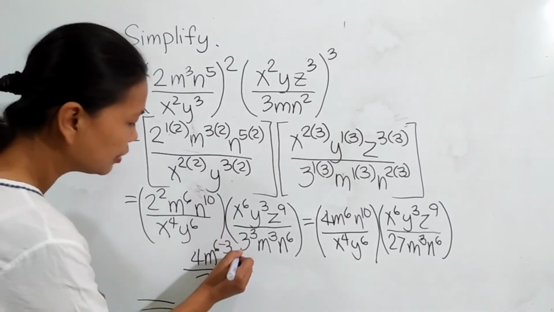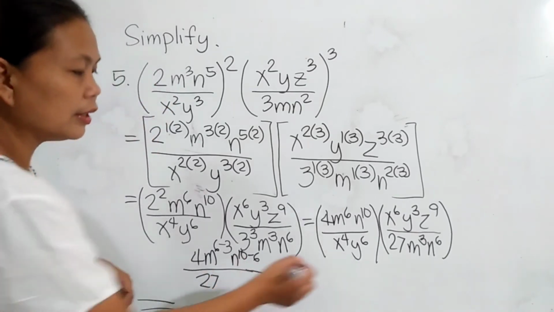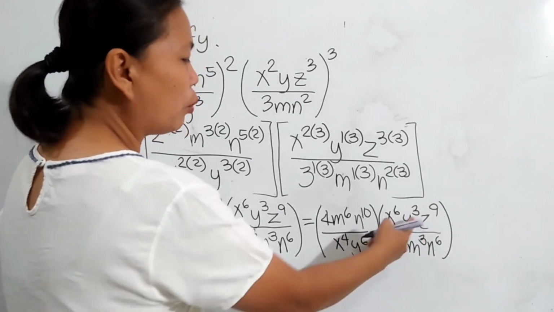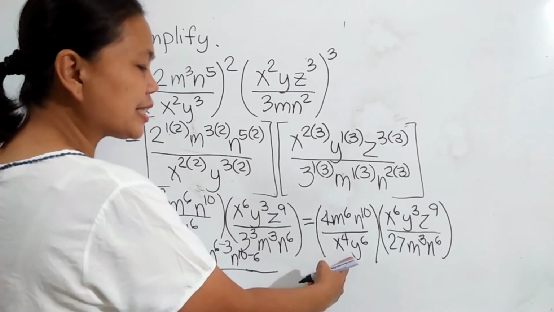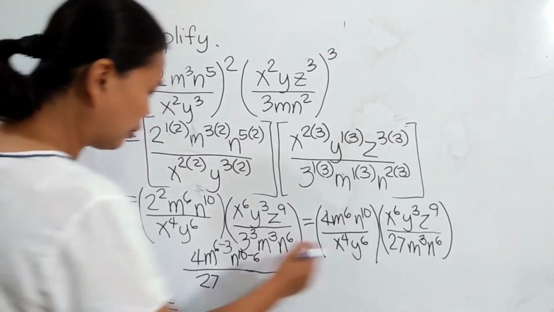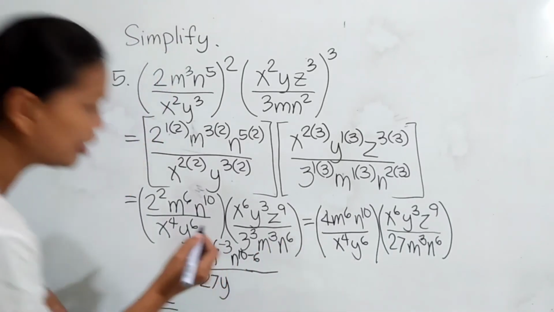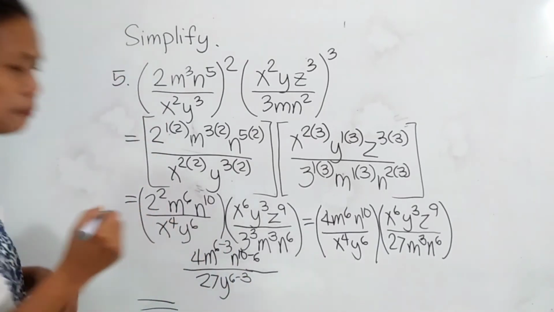Then subtract. So, 10 minus 6. Then we have y. So, again, y is in the numerator and the other y is in the denominator. But this time, we have the greater exponent of y written in the denominator. So, we will write y in the denominator, then subtract 6 minus 3.